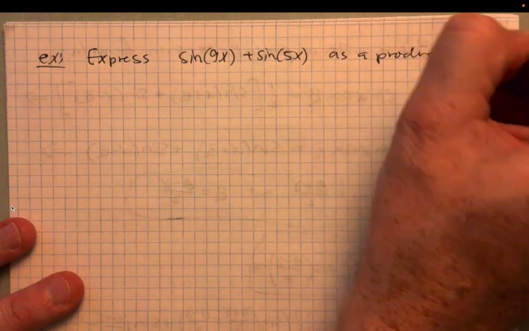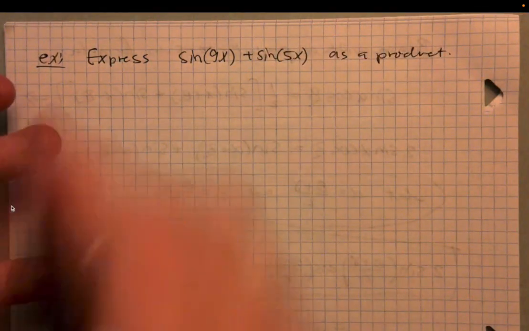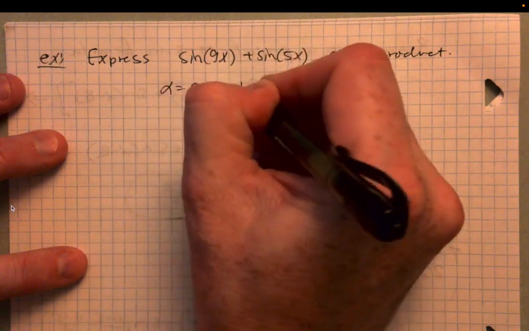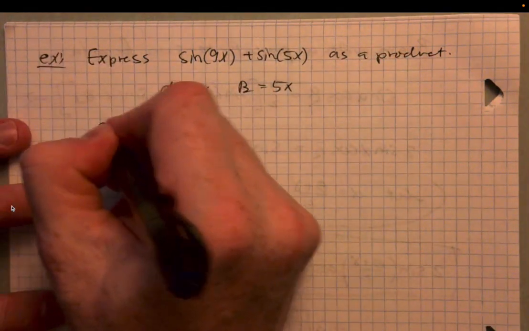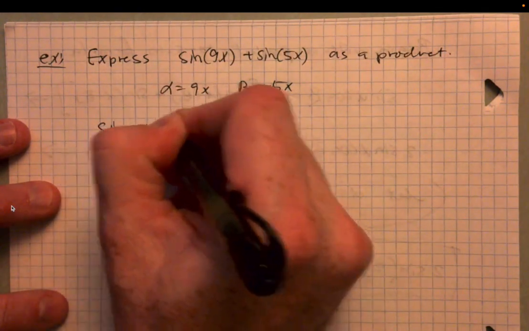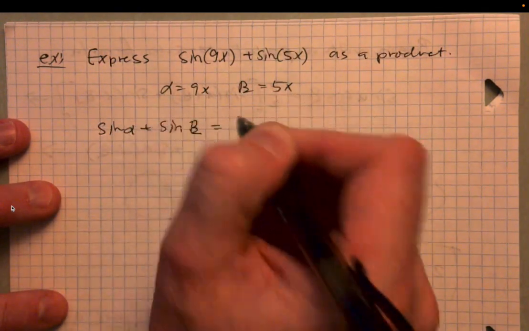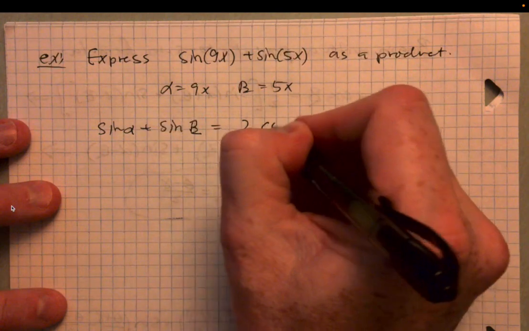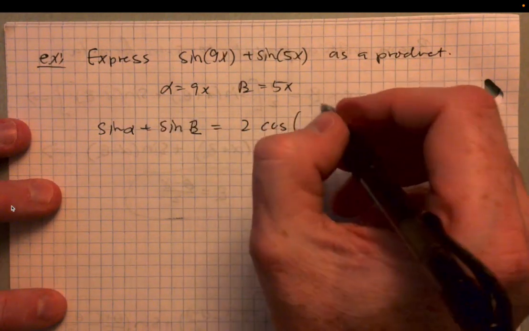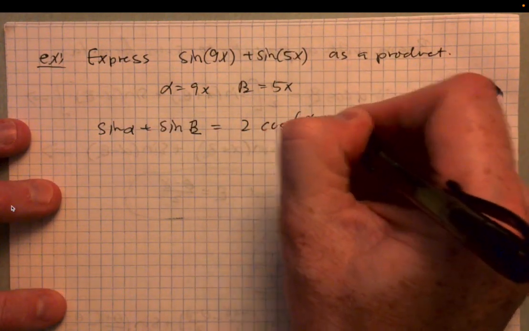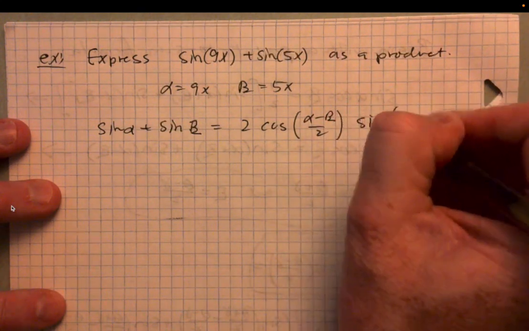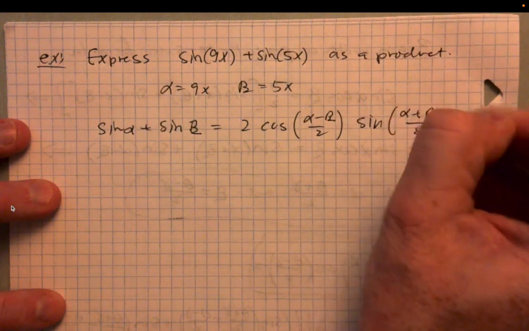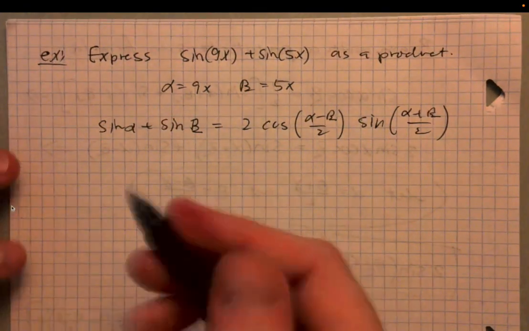Well, again, we'll just let alpha be 9x, beta be 5x. Then we know that sine of alpha plus sine of beta is equal to 2 times the cosine of alpha minus beta over 2 times the sine of alpha plus beta over 2. Right? And so we just plug in those values.